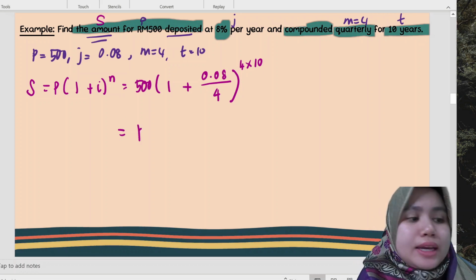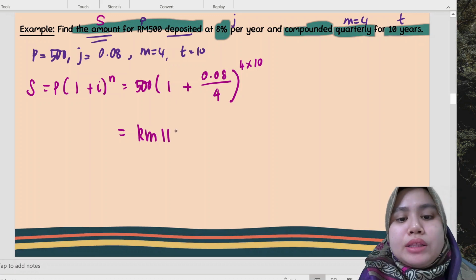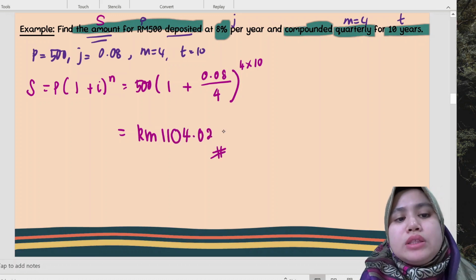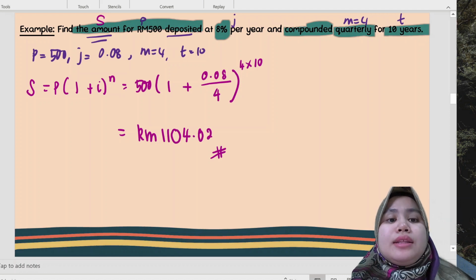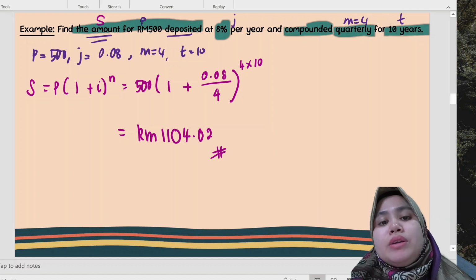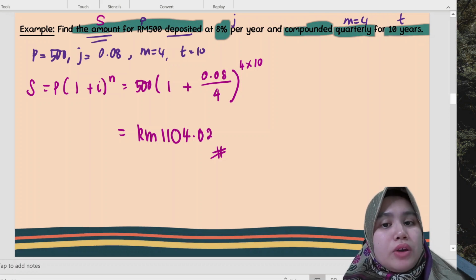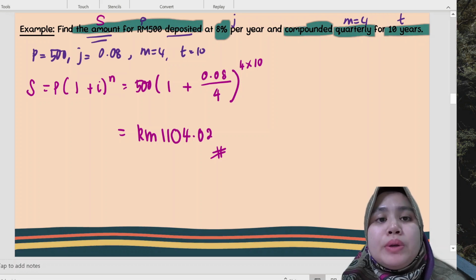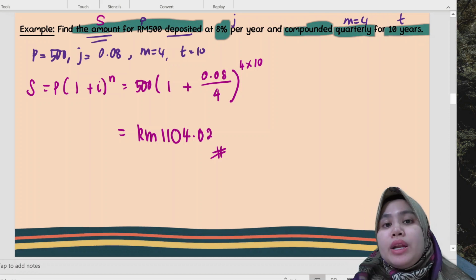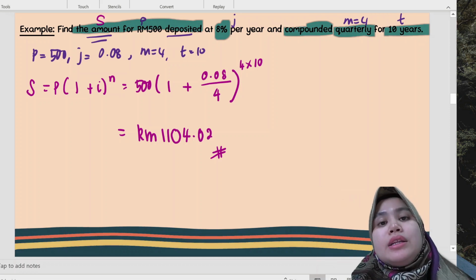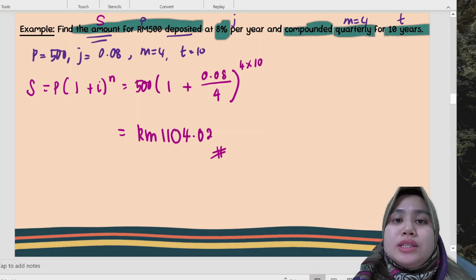So you will get RM 1,104 ringgit and 2 cents. That's the money that you have for compound. You put 500 right now in your account, you get 8% compounded quarterly. So for the next 10 years, you will have 1,104 ringgit 2 cents.